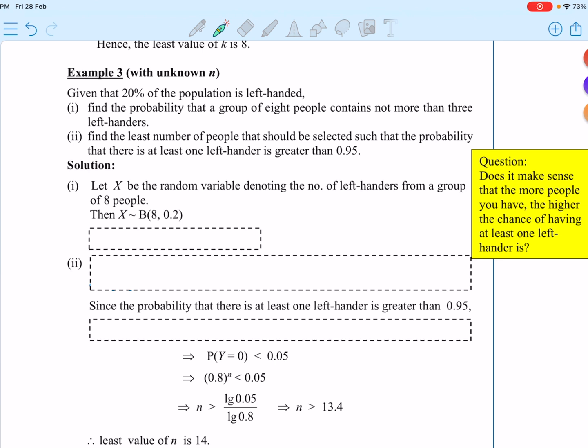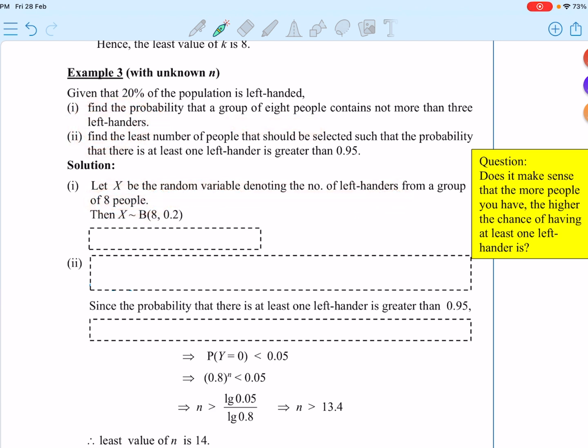In this case, your case of success is left-handers. So we will write your random variable x denoting the number of left-handers. And in the next part, we will write out of how many. This is a group of 8 people, so we'll write out of 8 people.